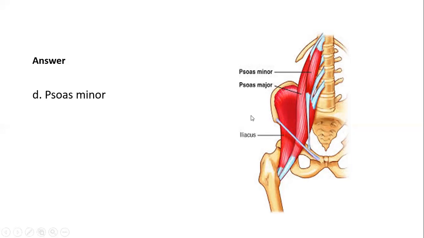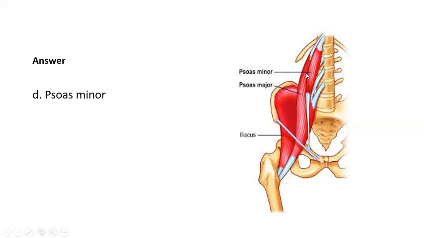Revision and repetition is the key to memorize, as well as visual memory. These are some of the few keys to be successful and to pass your anatomy exams with above average marks.